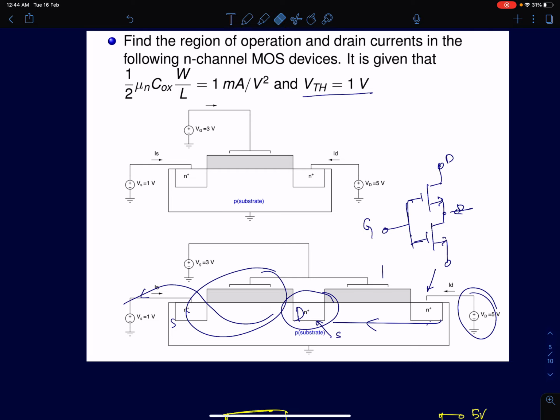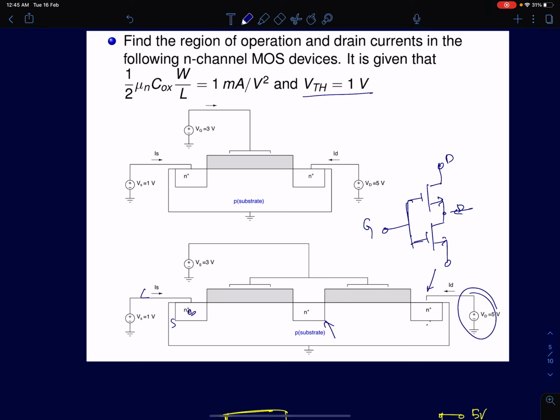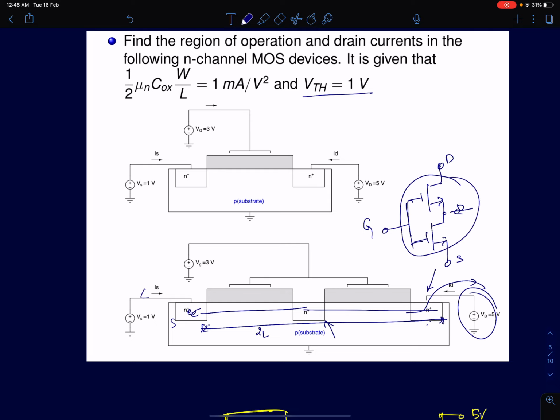Now you have two such devices. One can readily see, if I ignore the width of the N plus region, the electron from this source region has to travel nearly a 2L distance before it reaches the drain, the higher voltage, which is the 5 volt region. So I can treat this composite MOS structure as a single MOSFET.